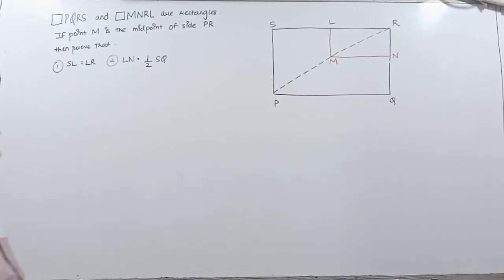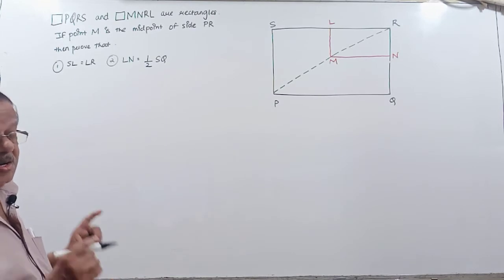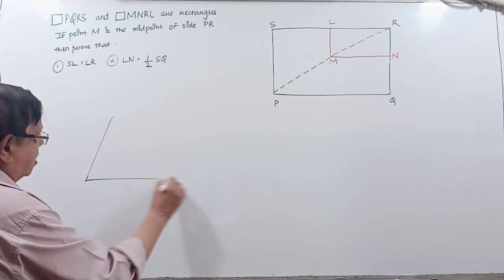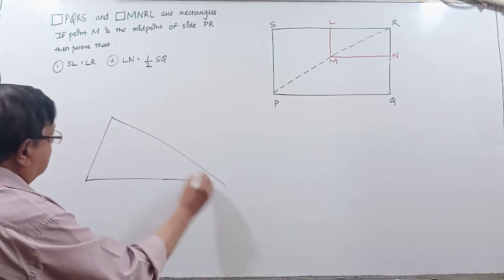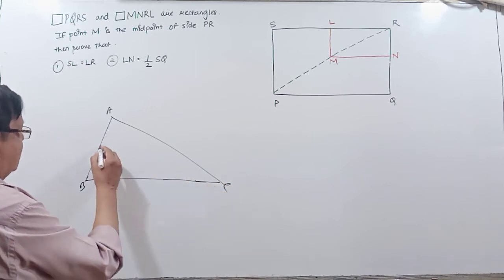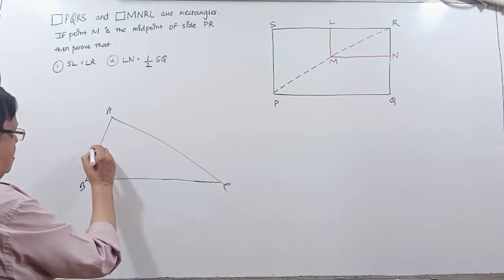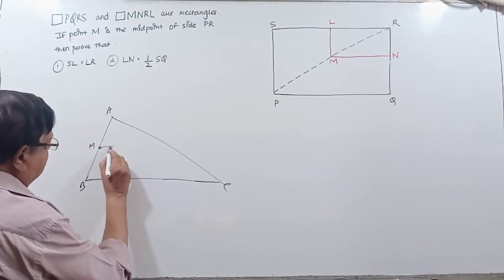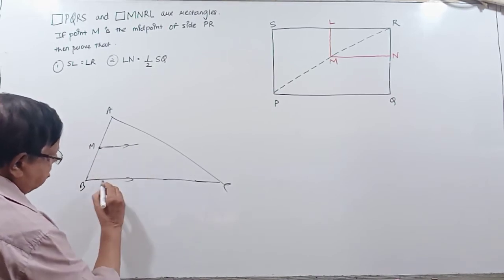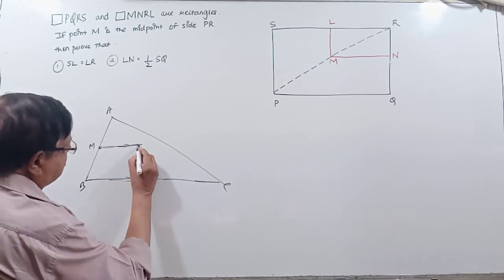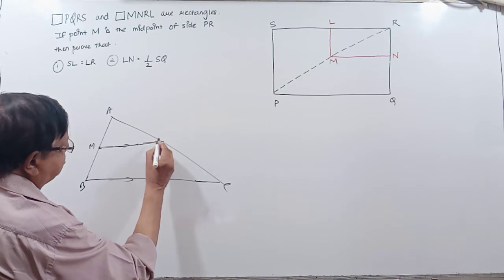Yes, students, for doing this, we require the converse of the midpoint theorem. I told you the midpoint theorem. This is A, B, C, and M is the midpoint of AB. If I draw this line parallel to this line, it will meet the midpoint of AC.